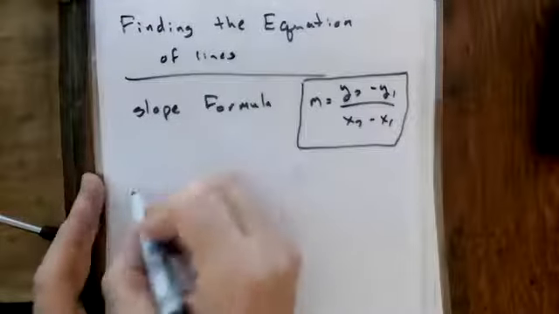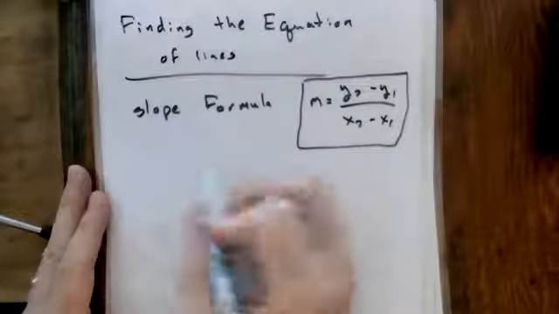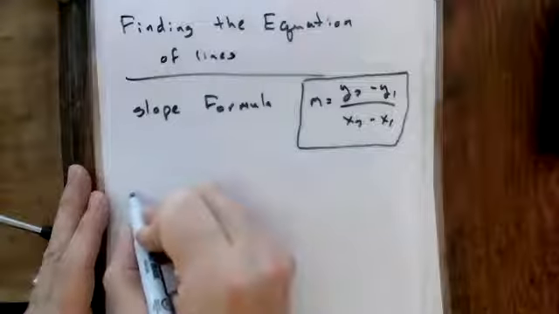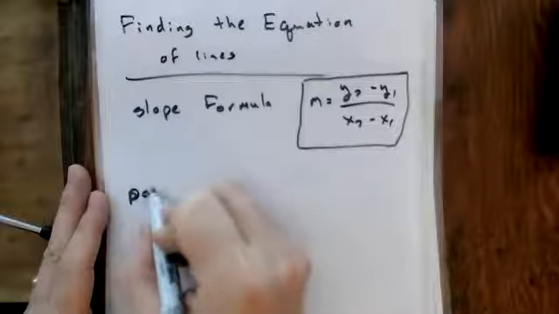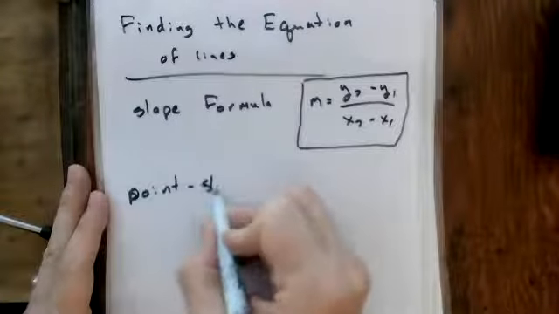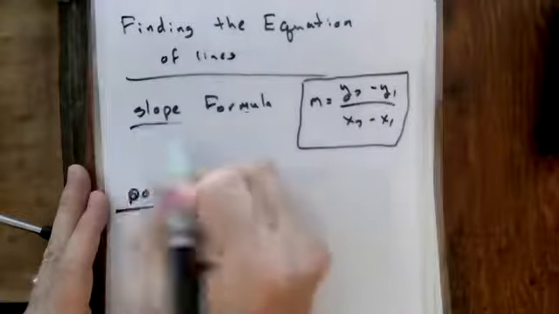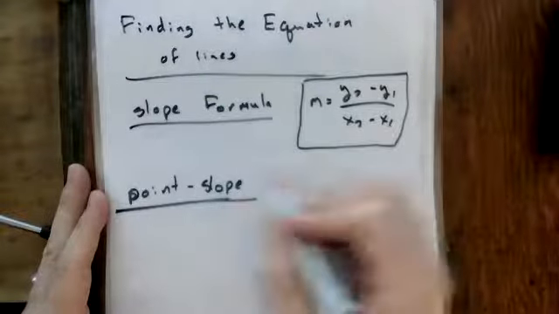And the other thing is, if we're given 2 points, we're going to have to use this. Otherwise, we're going to need a slope and a point. So actually, the point slope formula. And this one right here is my go-to for a lot of our equations.